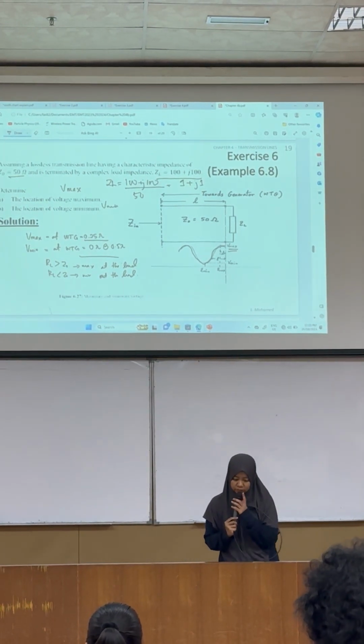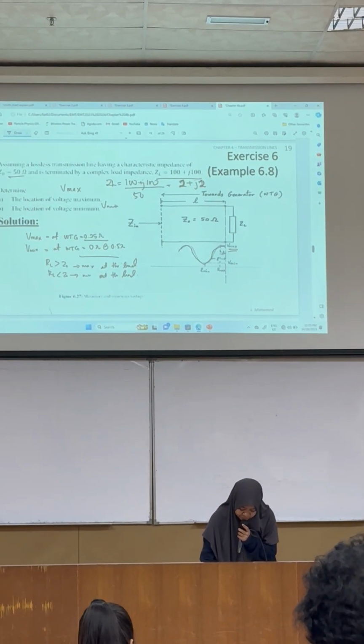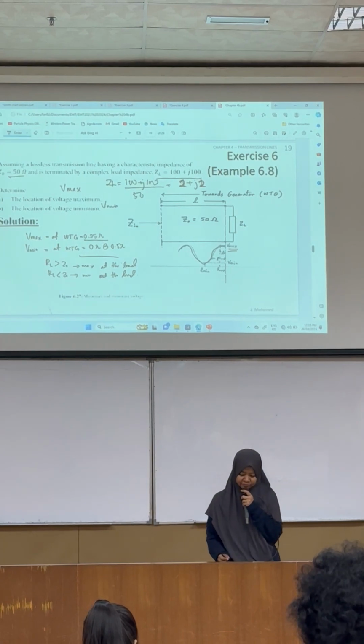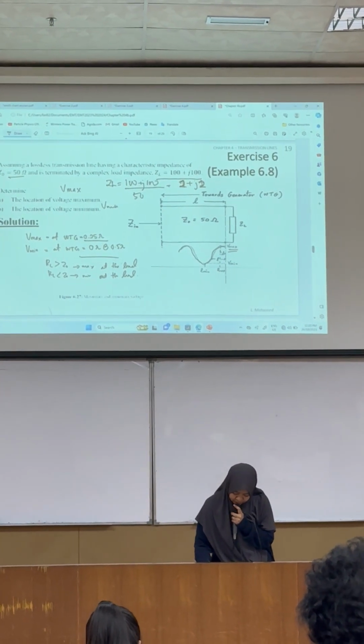Plot 2 plus j2. Okay, 2 plus j2, plot it in the Smith chart.